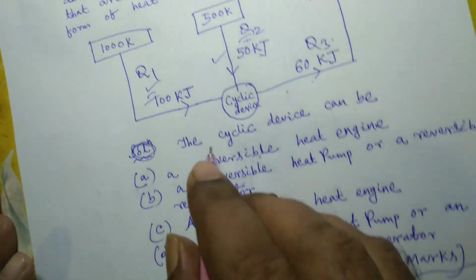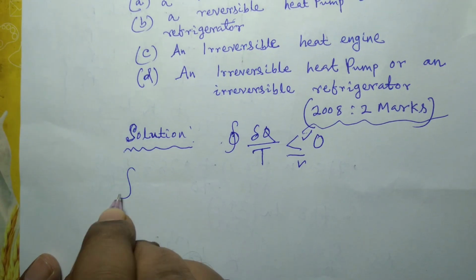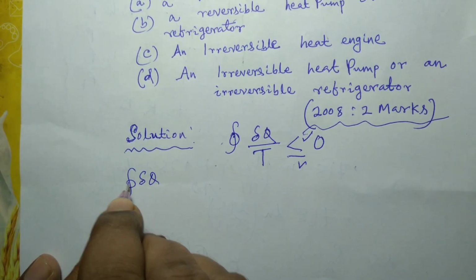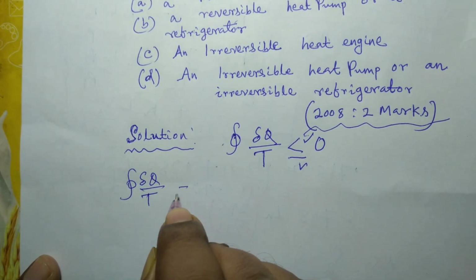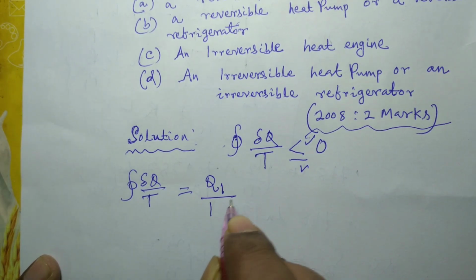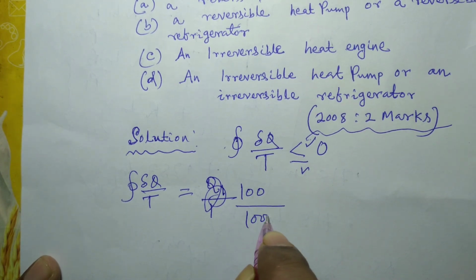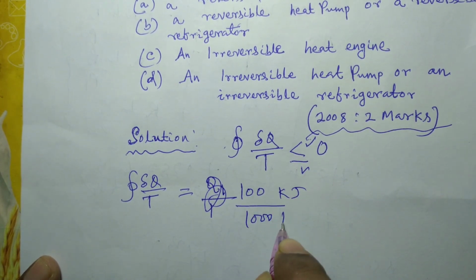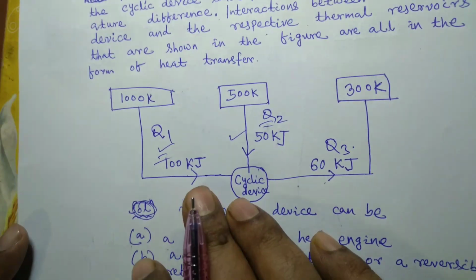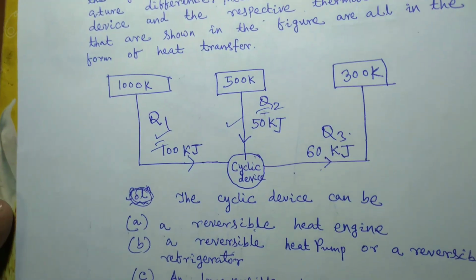So in this case, the cyclic integral of del Q by T is nothing but Q1, 100 kilojoule by 1000 Kelvin, since 100 kilojoule comes towards the cyclic device from 1000 Kelvin.